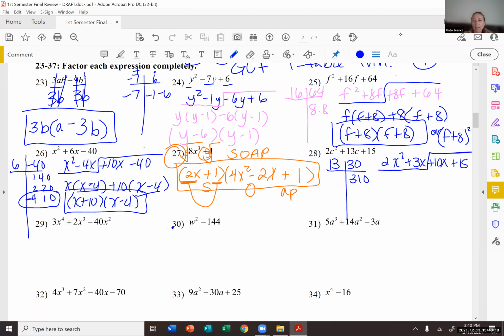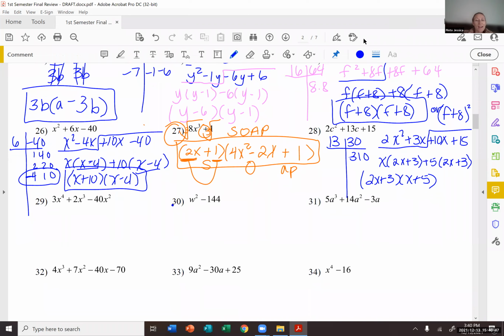Drawing the fence, got x, 2x plus 3. And then what can I take out of 10 and 15? A 5. Positive 5, 2x plus 3. So then my final answer is 2x plus 3 times x plus 5. Very nice.